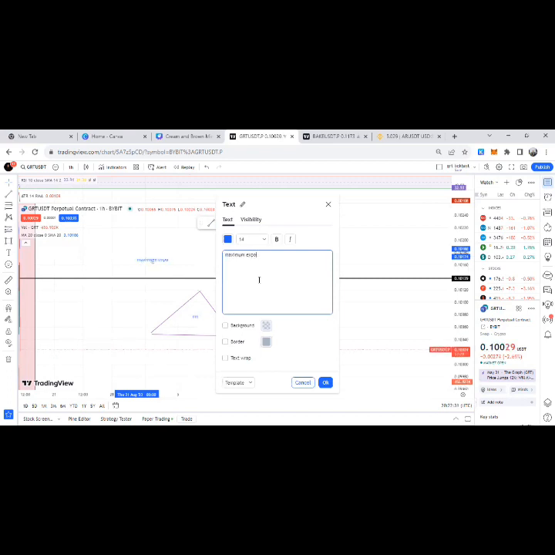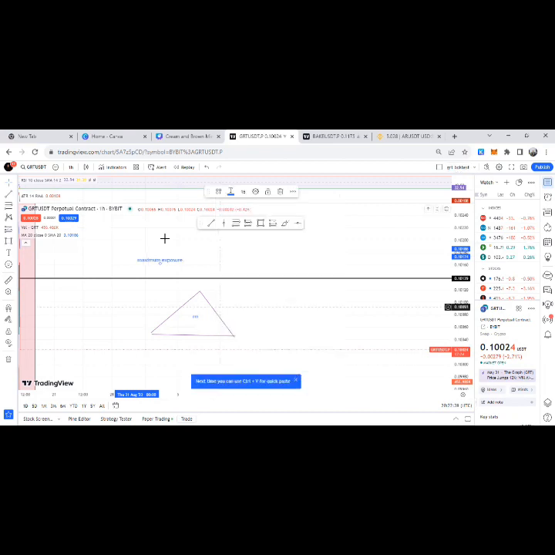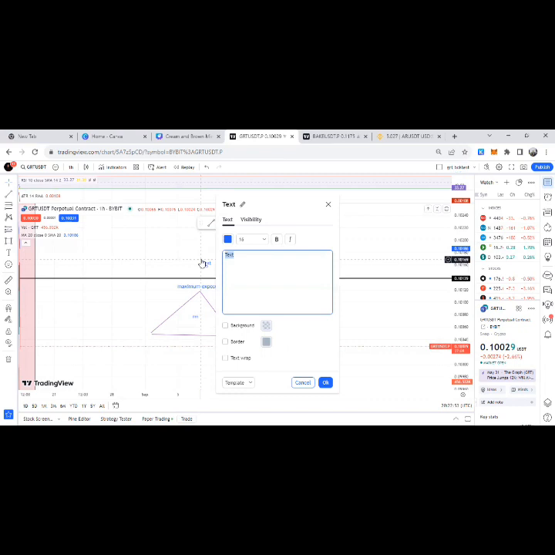Let me increase this so that you can see it. On this side, we have our risk capital.